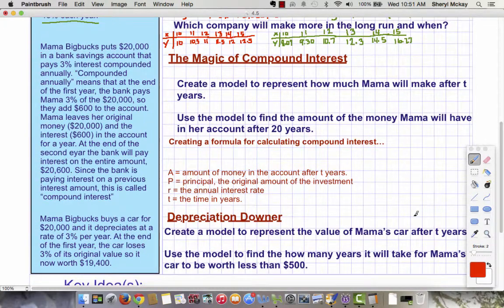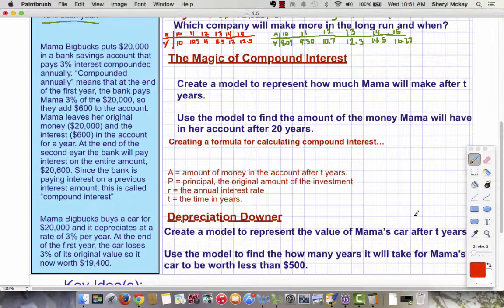So this is going to be very similar. Mama Big Bucks puts $20,000 in a bank savings account that pays 3% interest compounded annually. Compounded annually means that at the end of the first year, the bank pays Mama 3% of the 20,000, so they add 600 to the account.